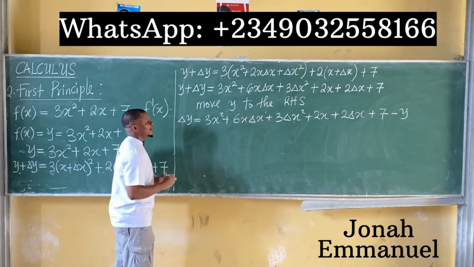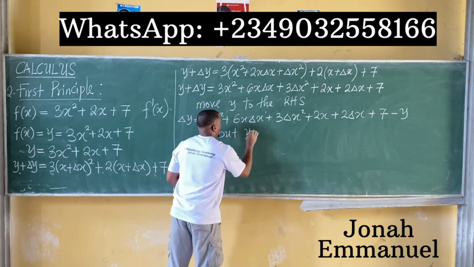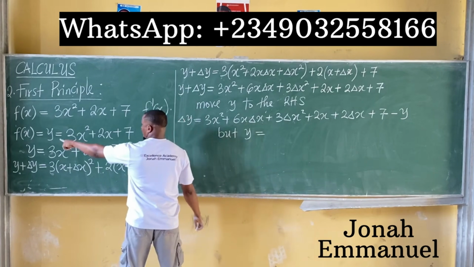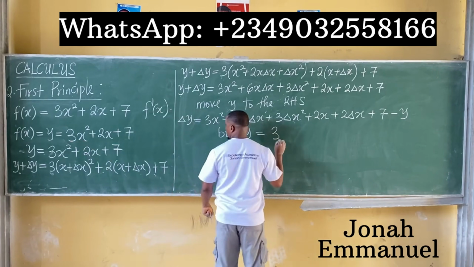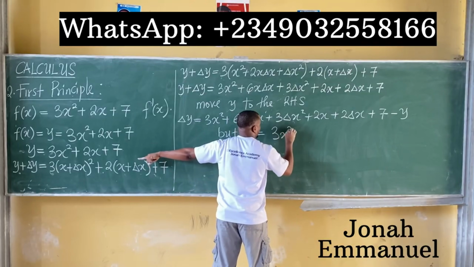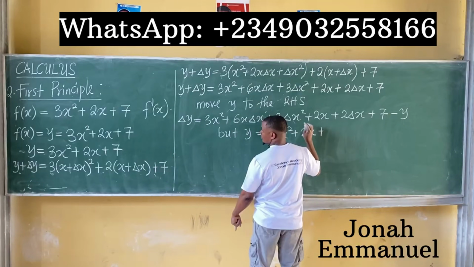What next? Well, what's the value of y? See this one here, this one here. That's 3x squared plus 2x plus 7.